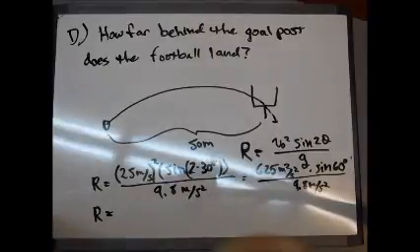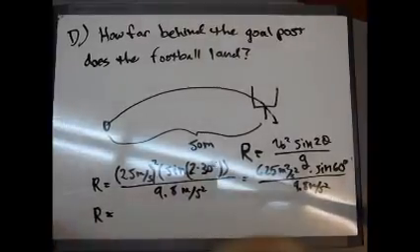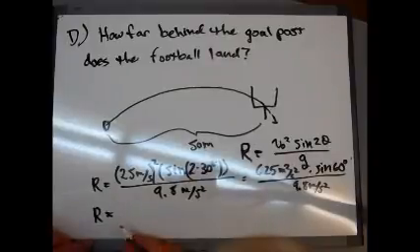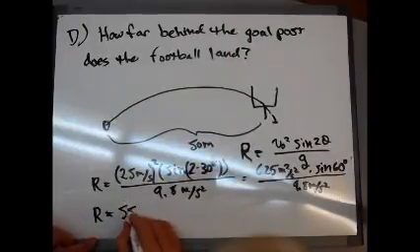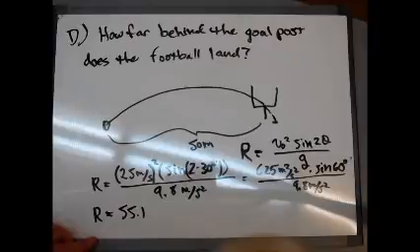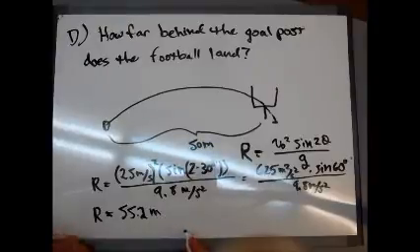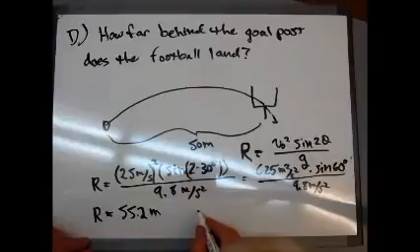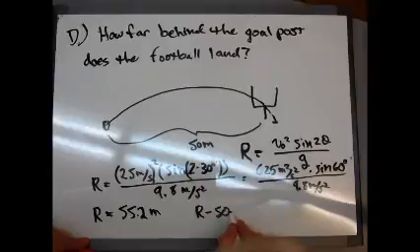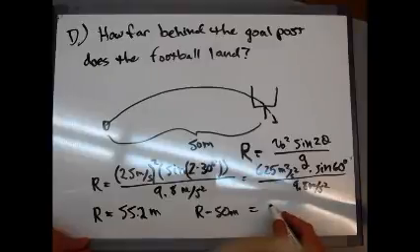So our range is equal to, what I get for this is 55.2 meters. But the question is how far behind the goalpost. Since the distance to the goalpost is 50 meters, the final distance is 5.2 meters.